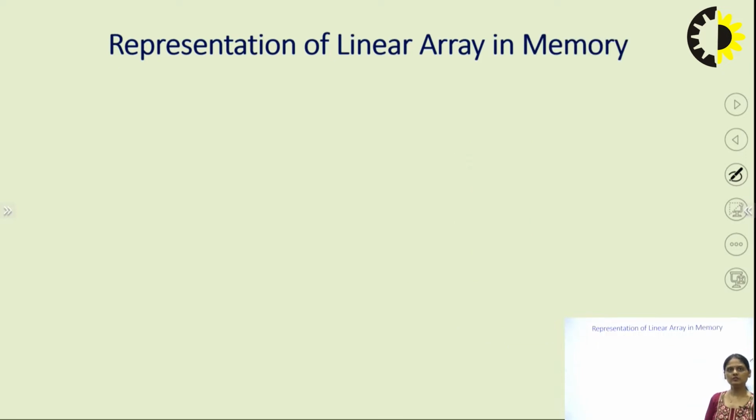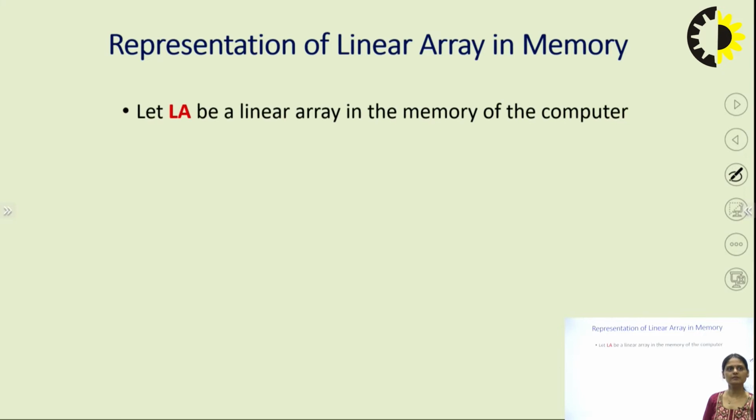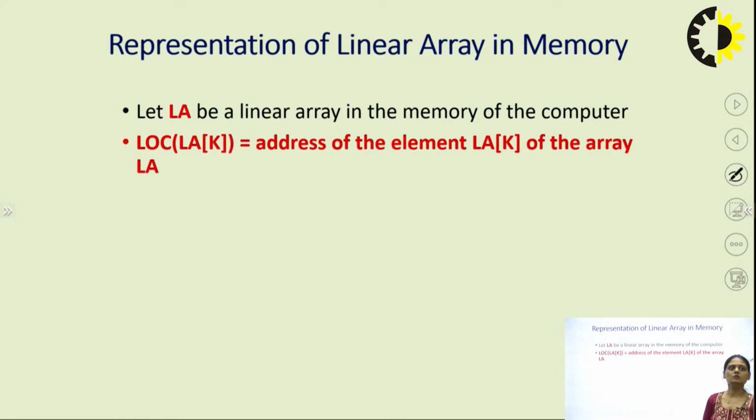So, representation of linear arrays in memory. Now, let LA be a linear array in the memory of the computer. So, LA is the name of the array. LOC of LA of kth element, LOC signifies the address.